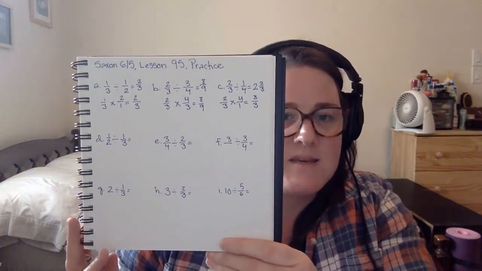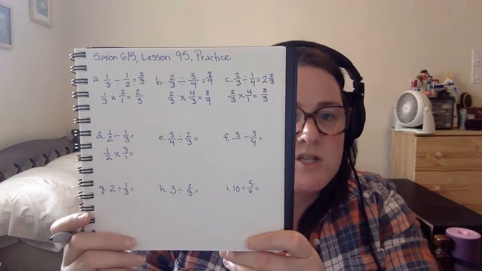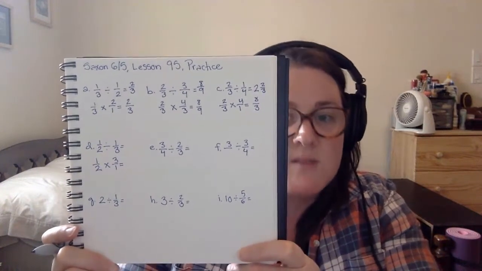Problem D is asking me 1/2 divided by 1/3. 1/2, my first fraction, is going to remain the same. My division becomes multiplication, and 1/3, I'm going to use the reciprocal of my second fraction, 3/1. My new equation is 1/2 times 3/1. 1 times 3 is 3, 2 times 1 is 2.